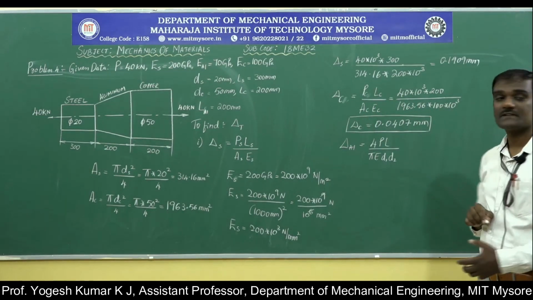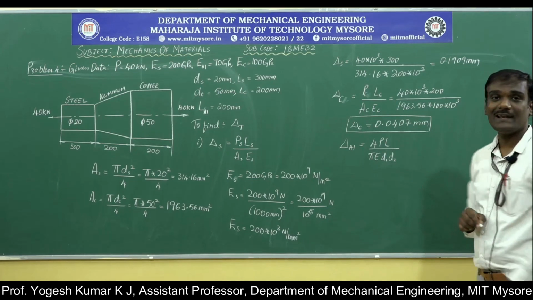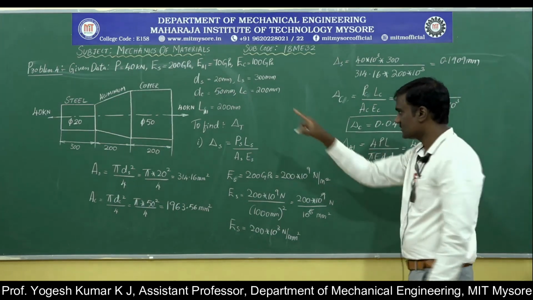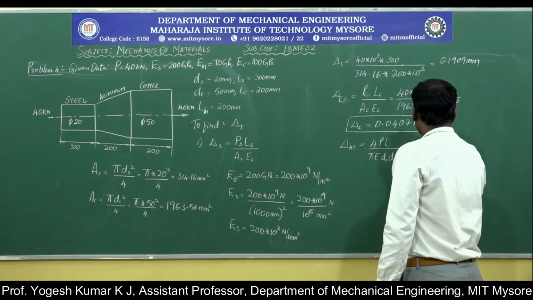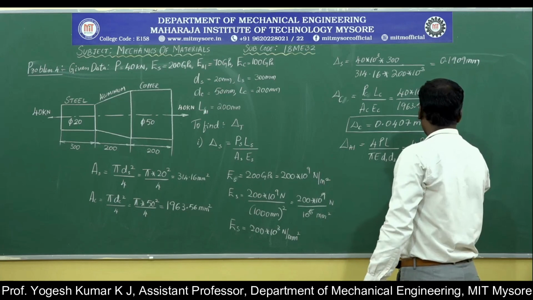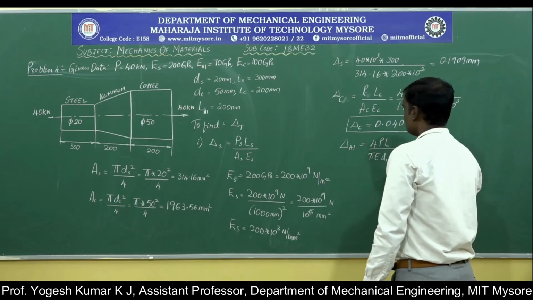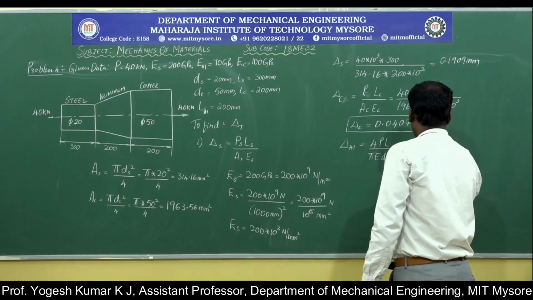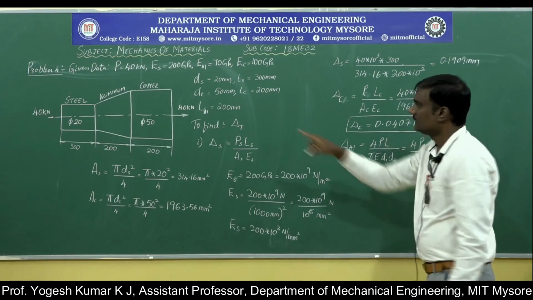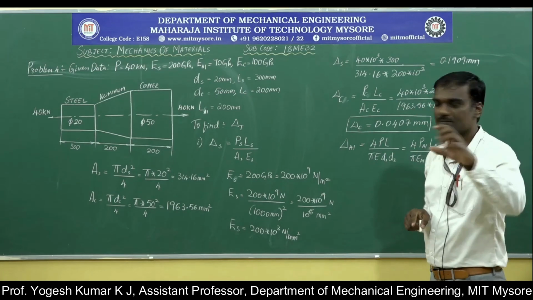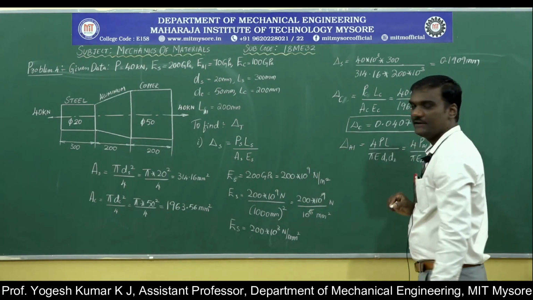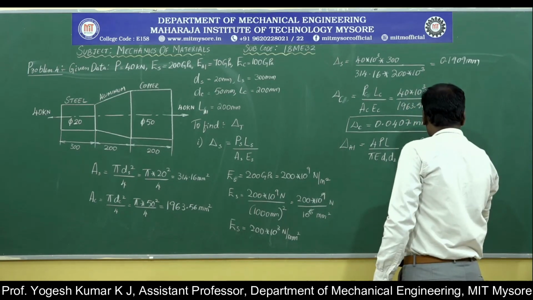Let us modify this expression according to our data and notations. So the tapering section is for aluminium. So I will write PL into the length of the aluminium, then pi, Young's modulus of aluminium, into the smaller diameter, the diameter of the steel, into the larger diameter, the diameter of the copper.